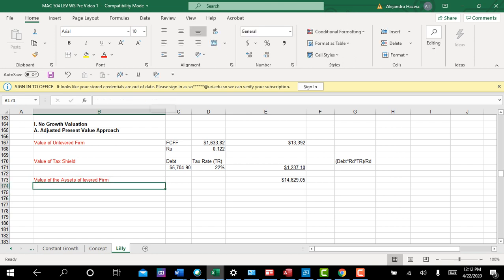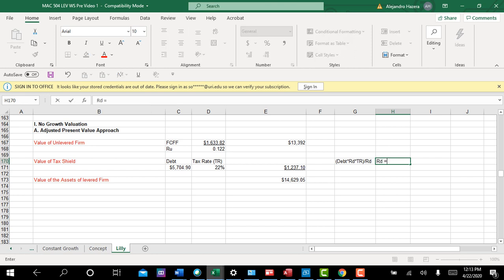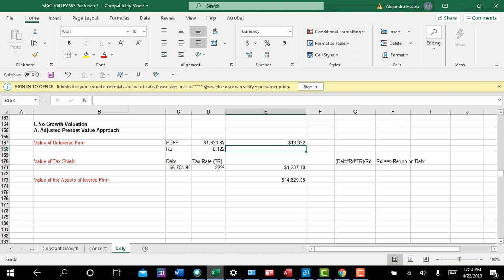Okay, so given the level of Lilly's debt, a 22% tax rate, and using this formula, but recognizing that the return on debt, the interest rate, RD, cancels out, we're taking the value of an unlevered firm and adding to that the only value that Modigliani and Miller said debt is worth, which is the value of the tax shield.